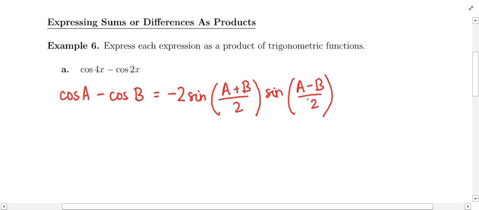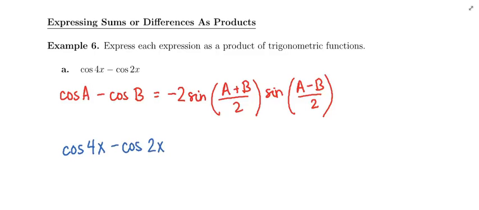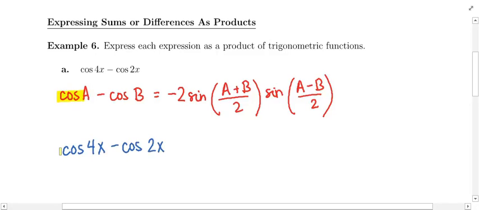Now we need to match up our expression with the left side of this identity. We are working with the cosine of 4x minus the cosine of 2x. I see a match with the first cosine, and I see a match with the second cosine, and there's a minus in the middle.